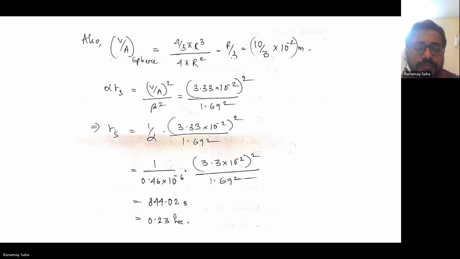Okay, why so? The answer lies in the geometry. The sphere has the largest surface area, so solidification time automatically comes down, because this is a spherical geometry of cast. Just take a note of that.